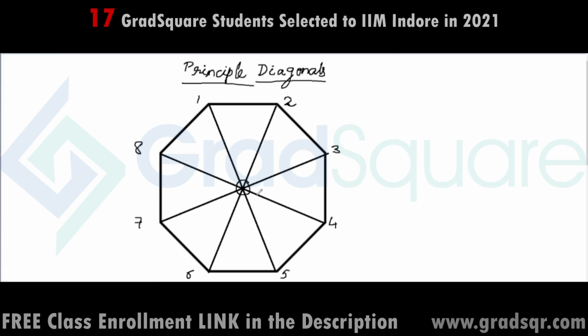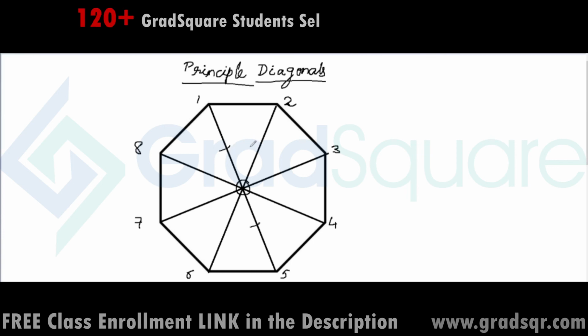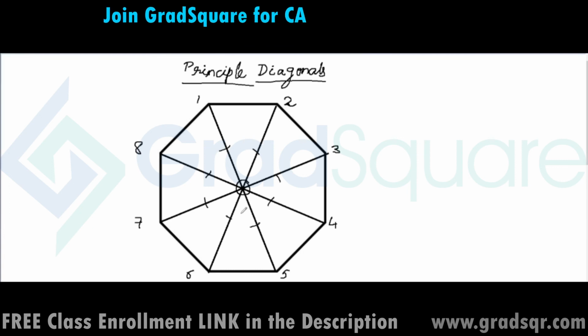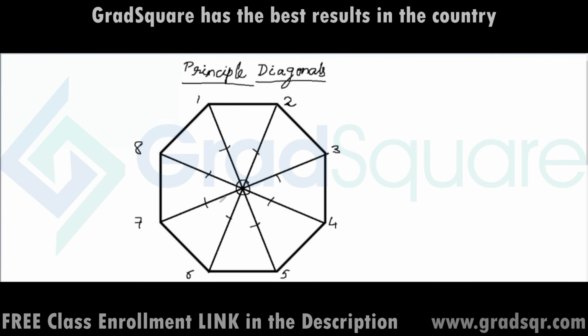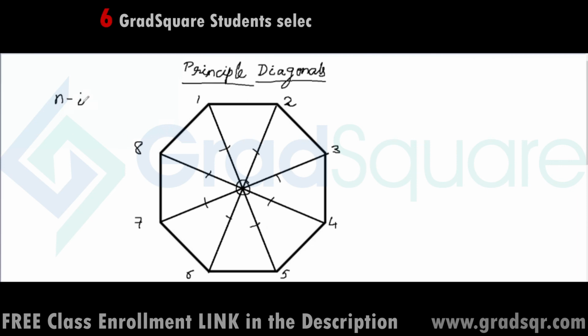And what does the center do? First, it divides all the principal diagonals into two equal halves. It is the midpoint of all the principal diagonals. Also, from this center, when I join all the vertices of this regular polygon, the regular polygon gets divided into n isosceles triangles.